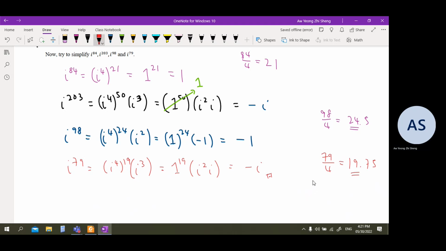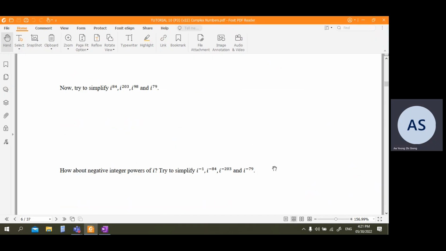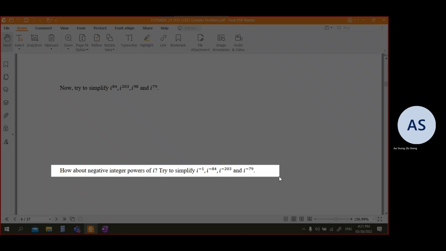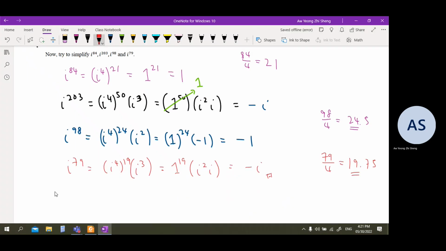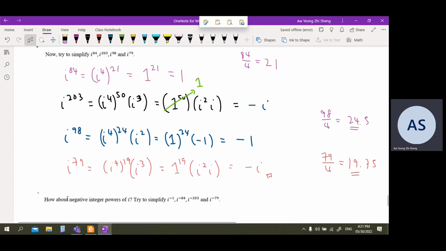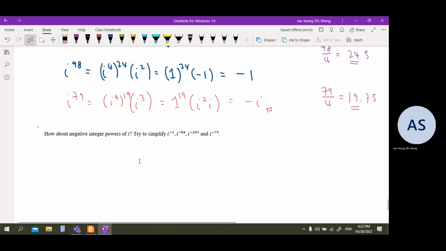Okay, next. How about negative integer powers of i? If you have negative integer powers of i, it can also be simplified in a somewhat similar manner. So i to the power of negative 1.